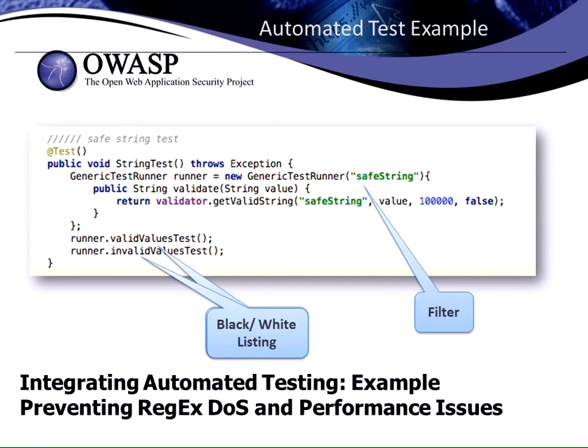We provide a unit test that will help you to measure your performance and to see that you fetch the expected input and put it on a valid value, as you can see here, and an invalid value test. So we run two tests, one for the valid and one for the invalid, and verify that the system works correctly and does not fail you. And this happens for each build.